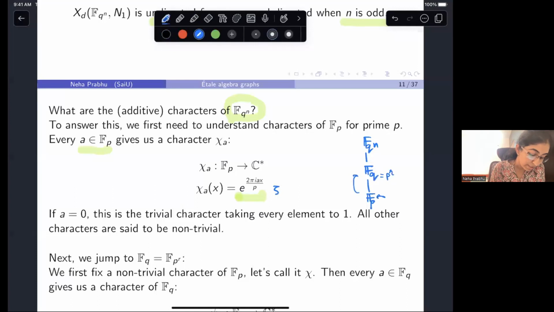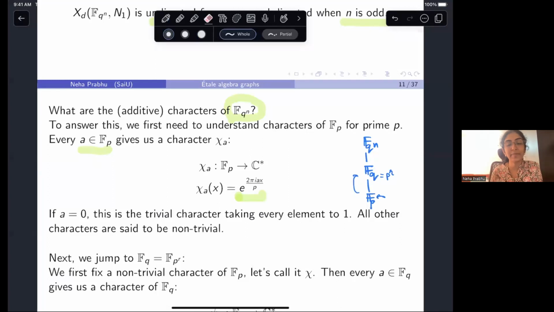If you take a not 0, the primitive roots, then it's this for each a. Maybe zeta sub a of x. But I prefer seeing things explicitly, so I've written it as e to the 2 pi i a x over p.